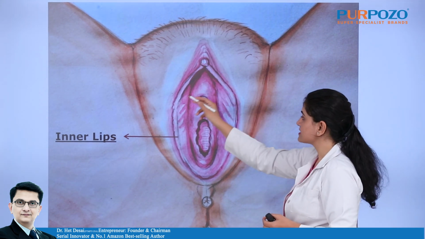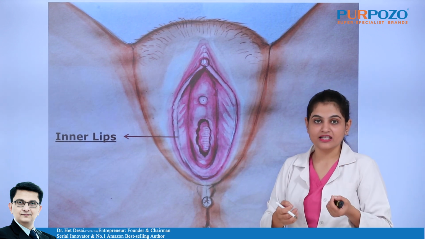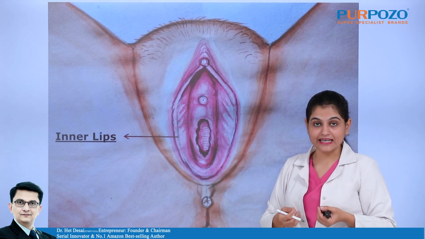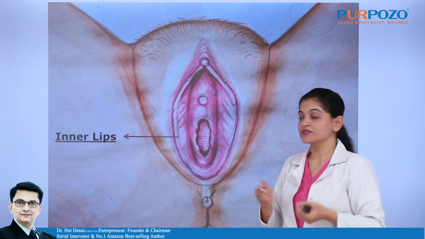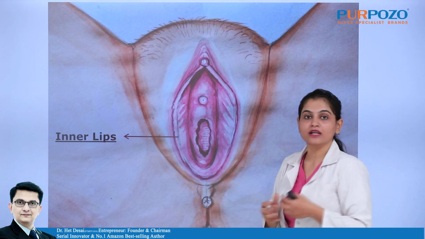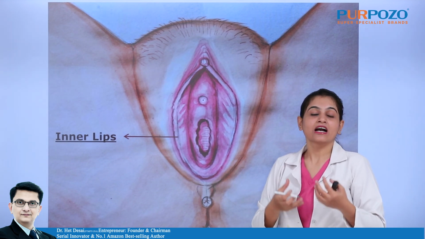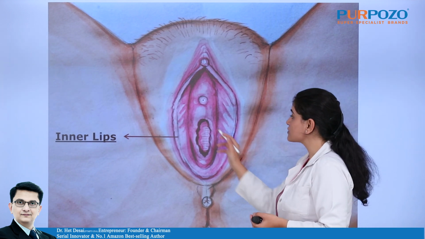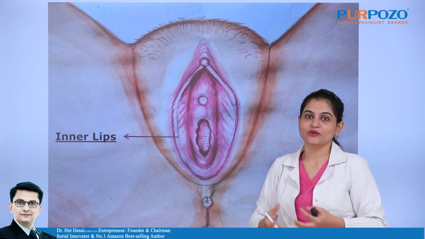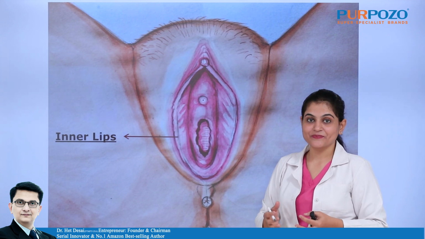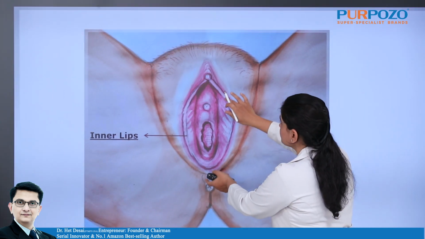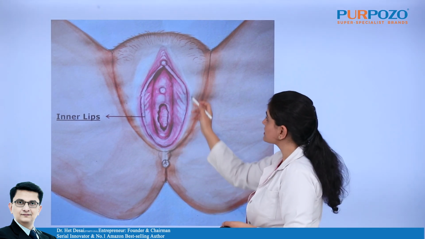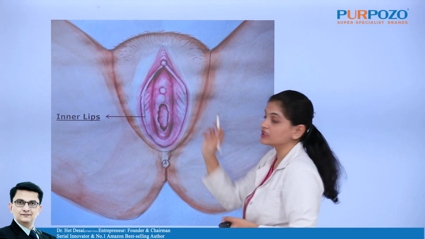Your inner lips do not have hair follicles or hair over them. They are very thin, delicate structures, but they also have numerous blood vessels. So, they get puffier during sexual activity, and they can also provide erotic stimulation. Your inner lips are located just inside your outer lips, and they form the clitoral hood over the clitoris.